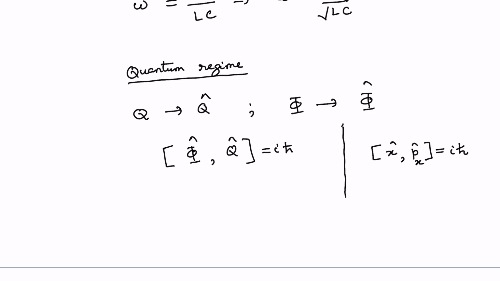And if we do that, then I can write the Hamiltonian for the quantized LC oscillator as Q square by 2C plus phi square by 2L. Now everything is in quantum mechanical operators. Phi is the magnetic flux operator. So this is the Hamiltonian I have.